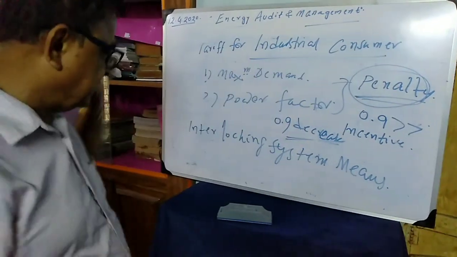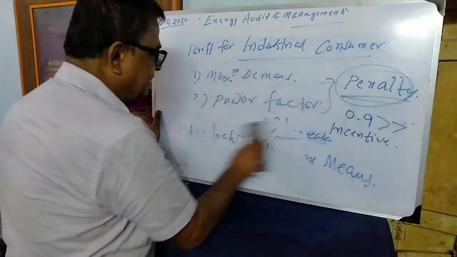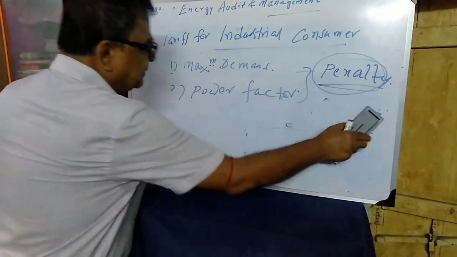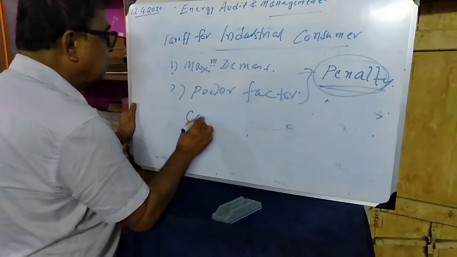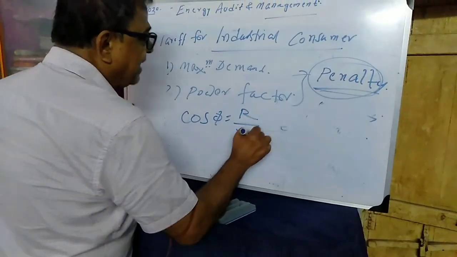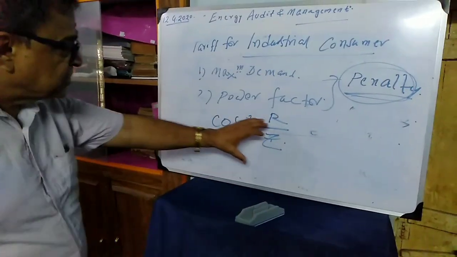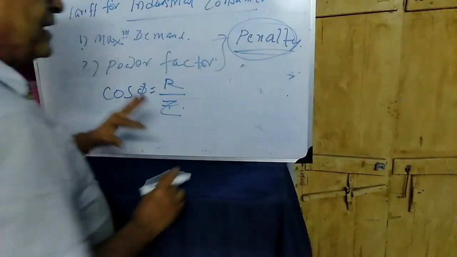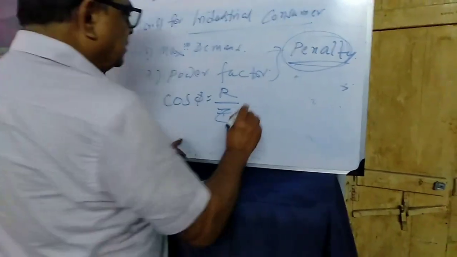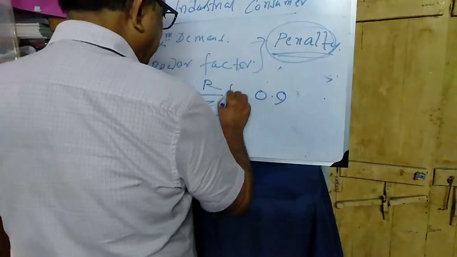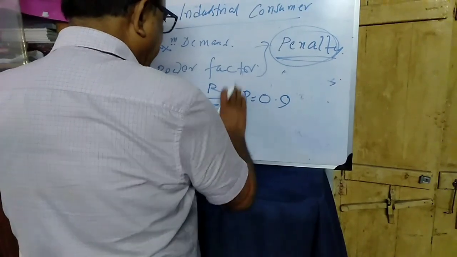Second comes power factor. Now what is power factor? Power factor means we know cos phi is equal to R by Z, resistance by impedance. Power factor can be achieved up to 0.99. Power factor 0.9 is good.